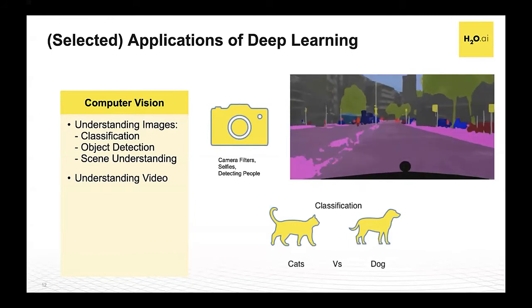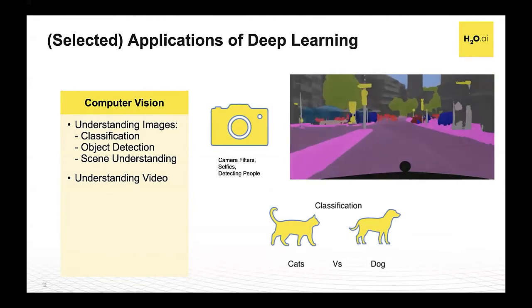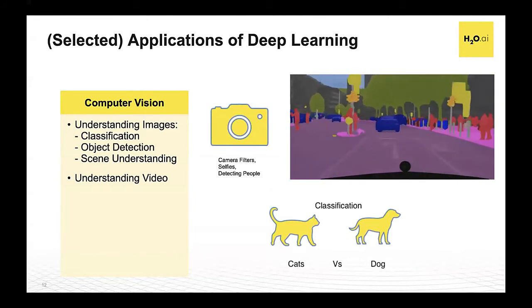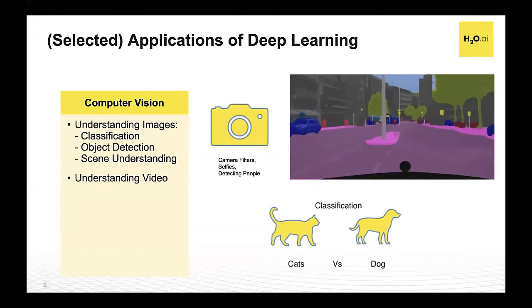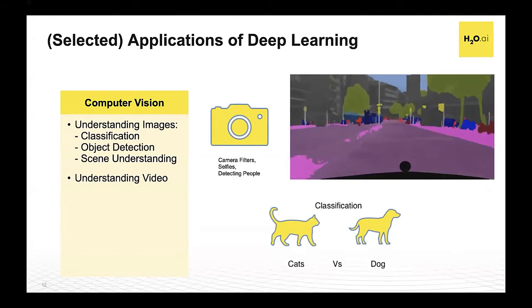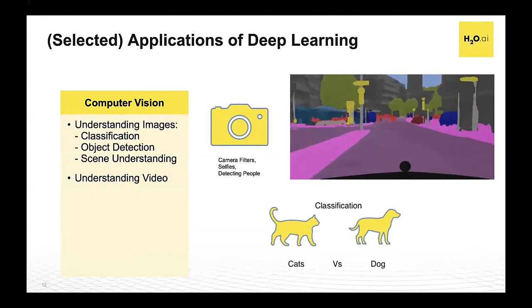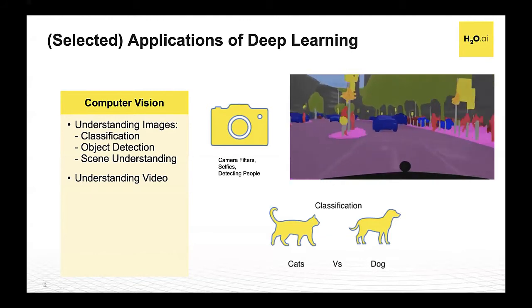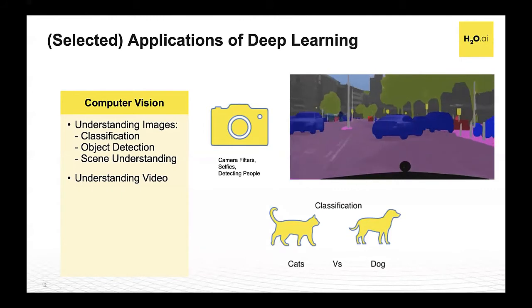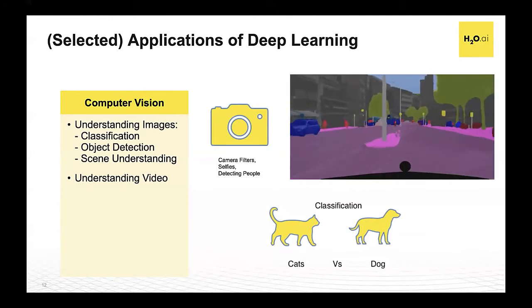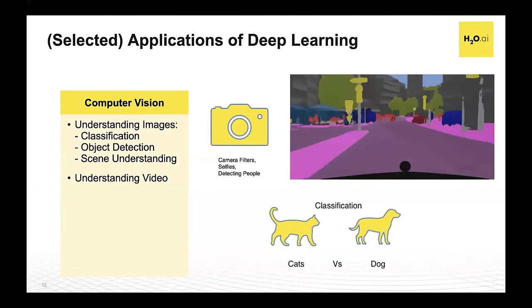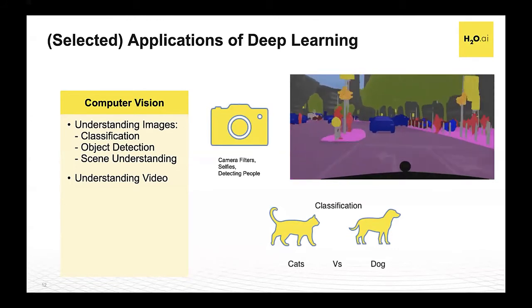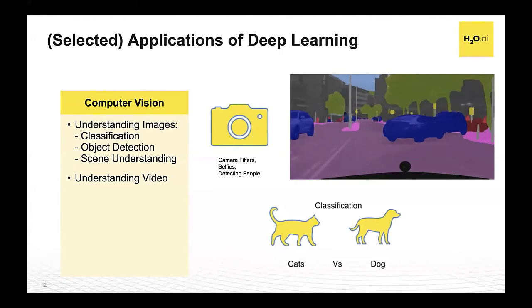I'm not sure if you've seen the recent smartphone keynotes, but there's a lot of research that goes into understanding which image will be the best one picked by your phone. Whenever you're clicking a picture, you don't have to worry about focusing on yourself. Your camera goes ahead, figures out where you are in the picture, applies a focus on your face and takes a beautiful picture of you, hopefully.